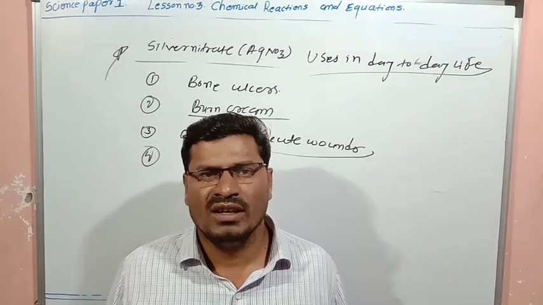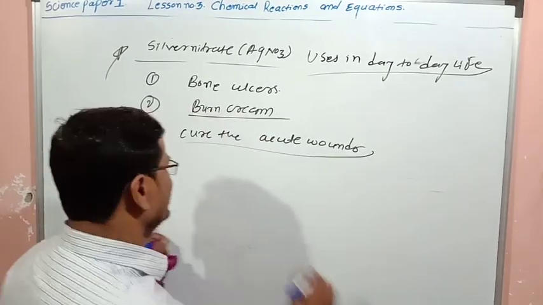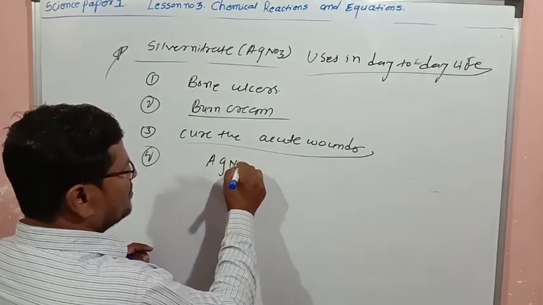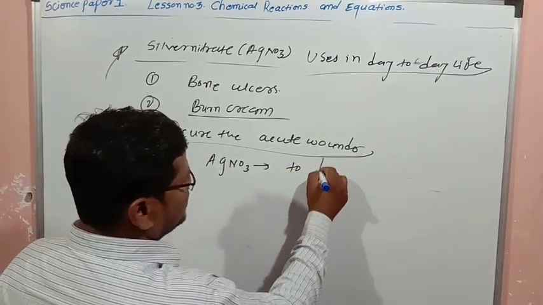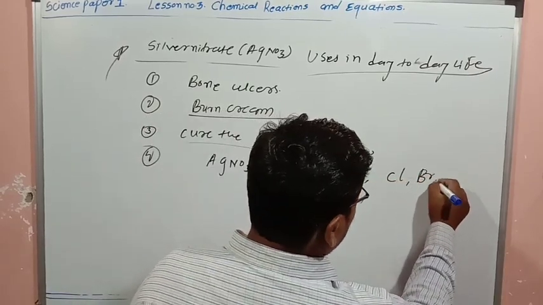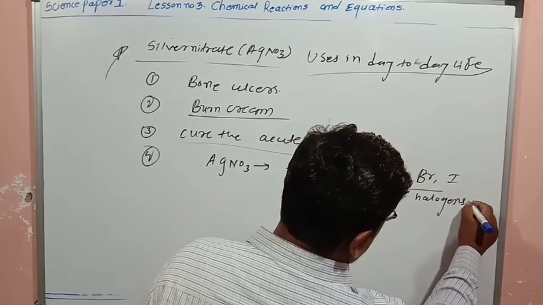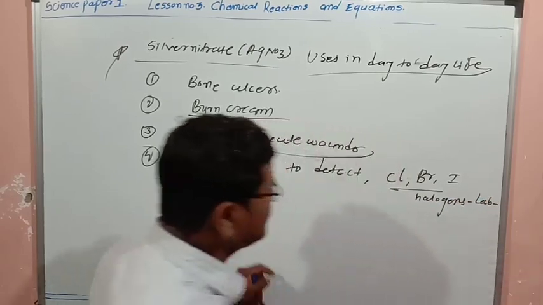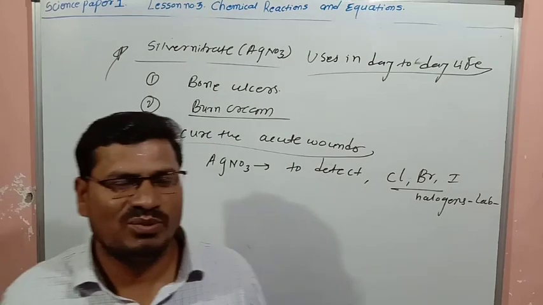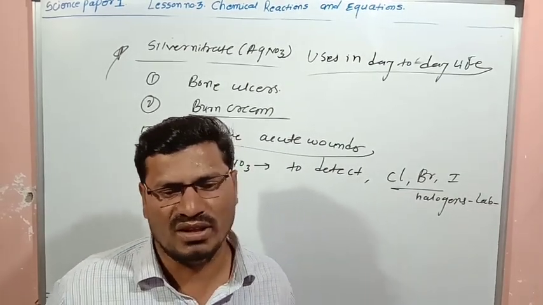Next, silver nitrate, AgNO3, is used to detect chlorine, bromine, iodine, that is halogens, in the laboratory.